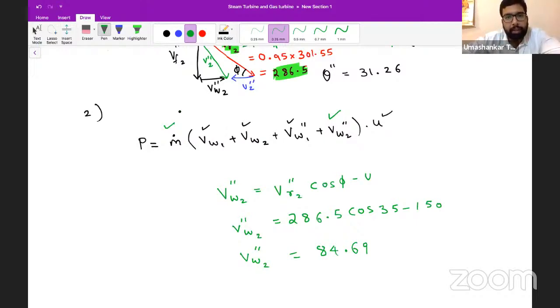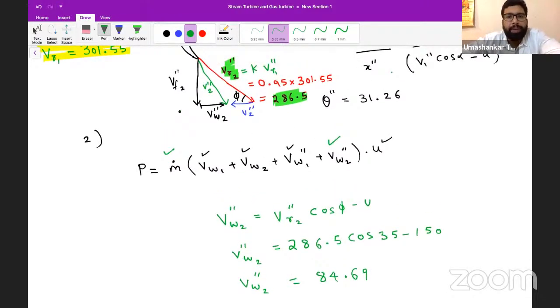We do not require to find V2 double dash here, because we would have required it if there was another set of fixed row. Then we would have applied the carryover coefficient to see what velocity reaches the next stage of the fixed blade.